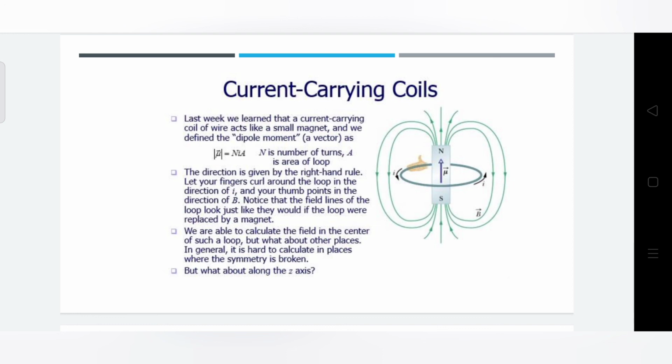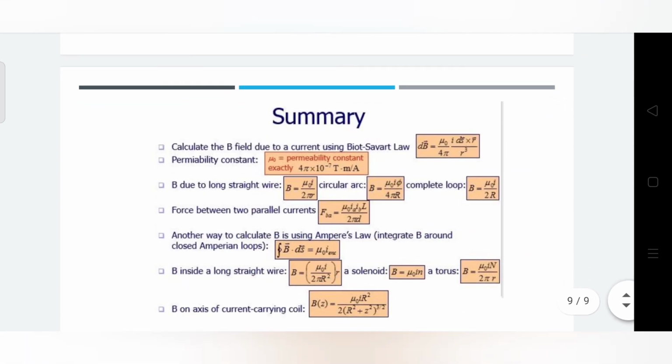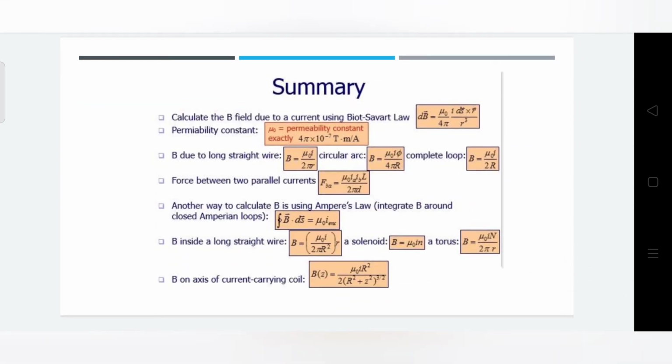In general, it is hard to calculate where the symmetry is broken. Finally, we can find B inside a straight wire, B inside a solenoid and a toroid, and B on the axis of a current-carrying coil. These are the applications of Ampere's circuital law, which can be used to calculate the magnetic flux density as well as the magnetic field intensity. Thank you.